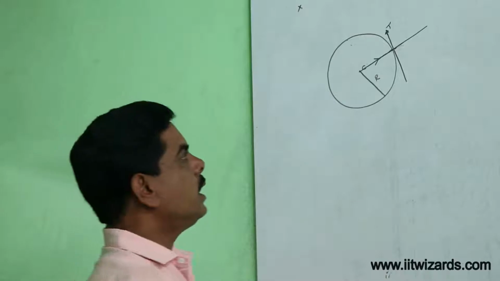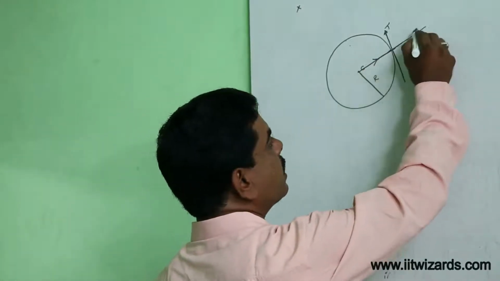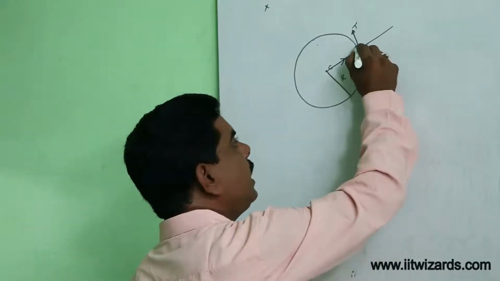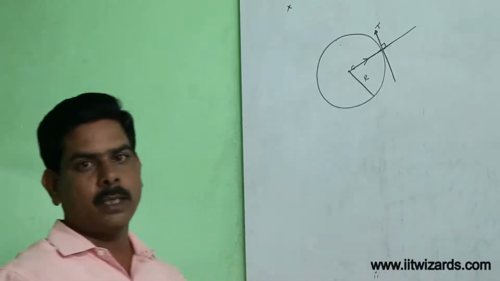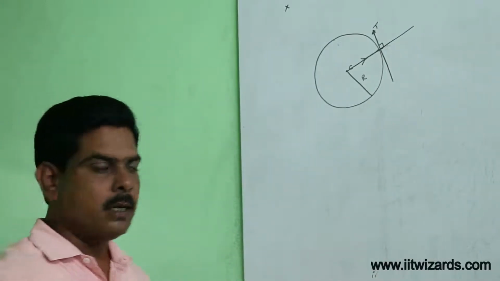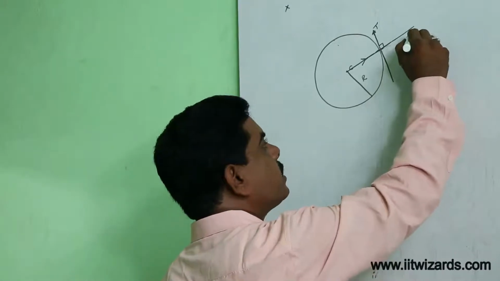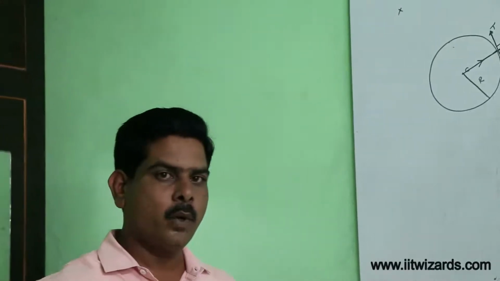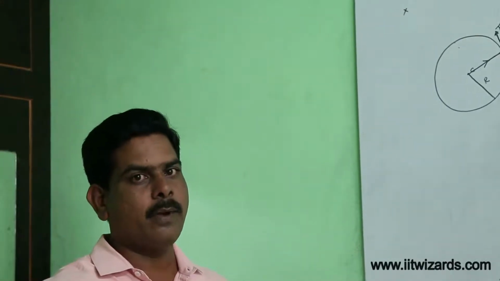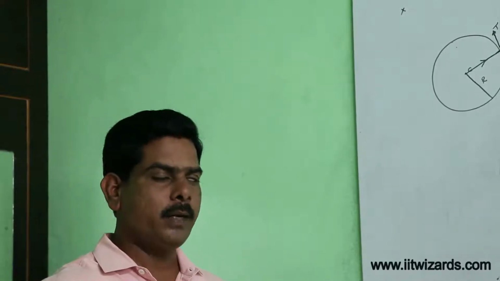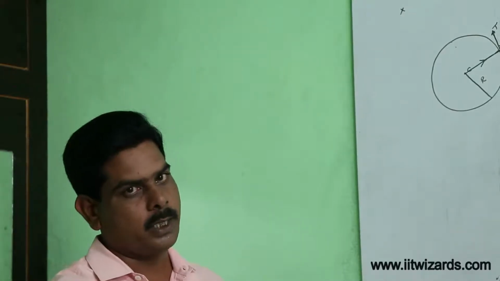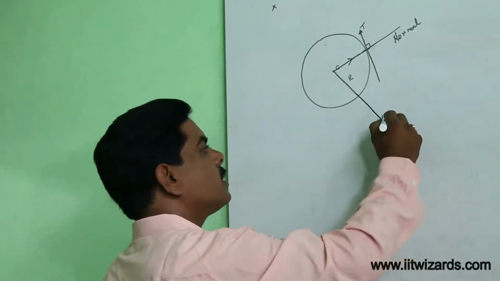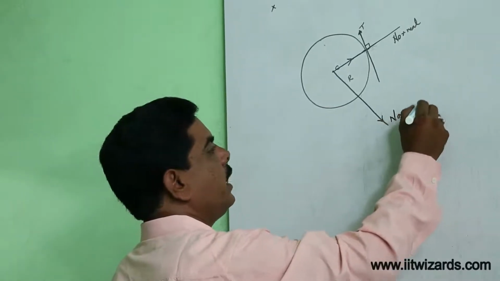Now if you observe this ray coming out from the surface of the sphere through the center, it makes a 90-degree angle with the tangent, isn't it? Therefore, any radius is always normal to the given surface. This is a very important thing we have to realize when we talk about spherical surfaces, be it reflection, refraction, or anything otherwise. Every ray that comes out through the center, through the surface, is always a normal.